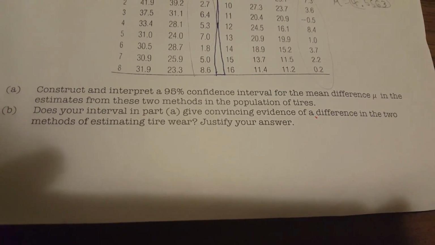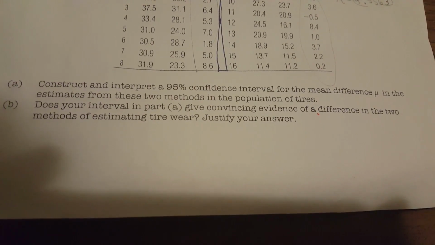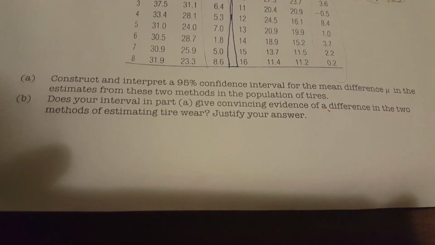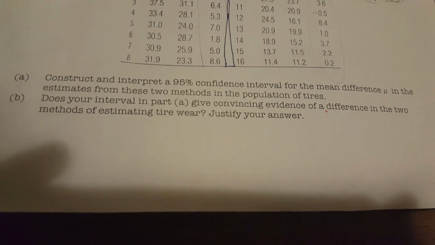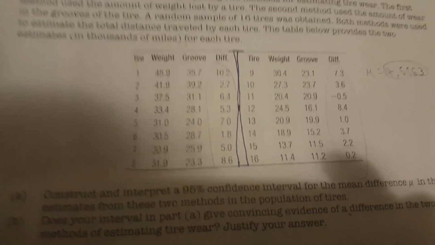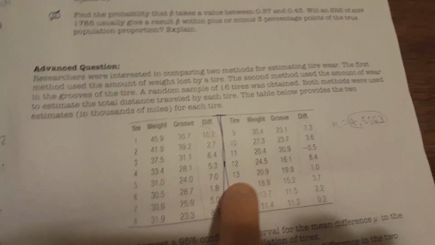Part A says, construct and interpret a 95% confidence interval for the mean difference mu in the estimates from these two methods in the population of tires. What that tells us is we can pretty much ignore most of this graph other than the difference of scores.